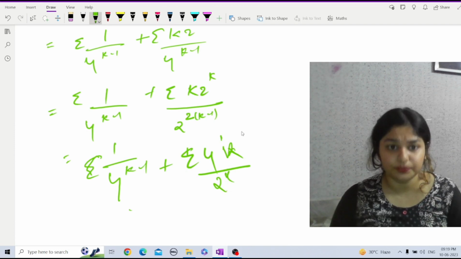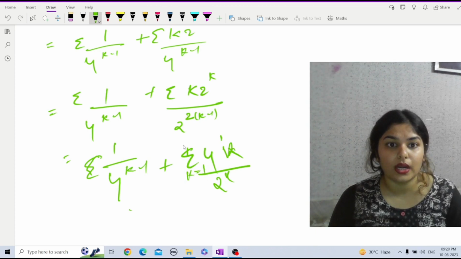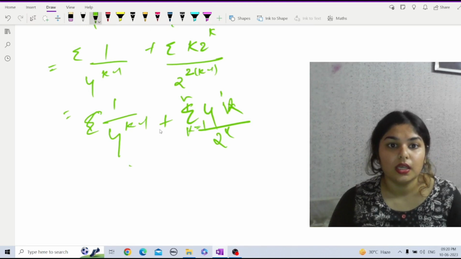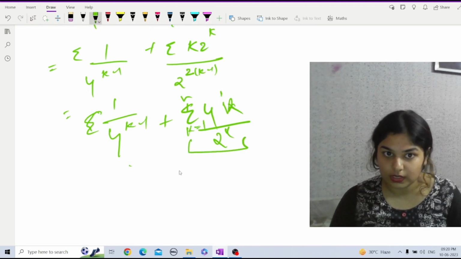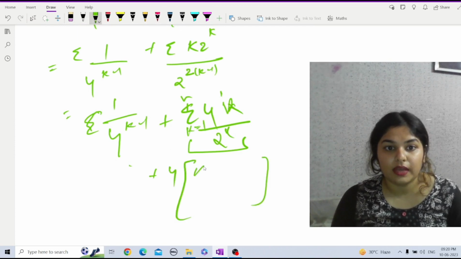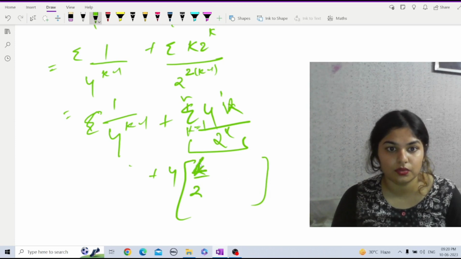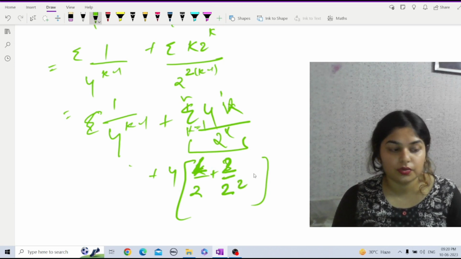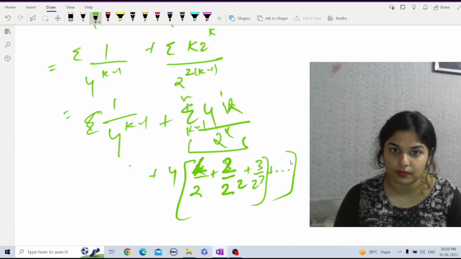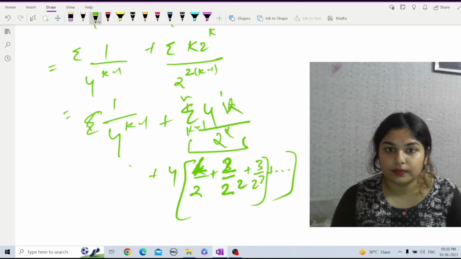Now we know that k ranges from 1 to n, so both the summations range from k equals 1 to n. Let me first solve for this part. If we put the values, for k is 1 that is 1 by 2, plus 2 by 2 square, plus 3 by 2 cube, and so on till the nth term, n by 2 to the power n.